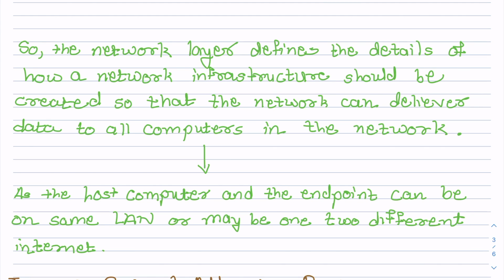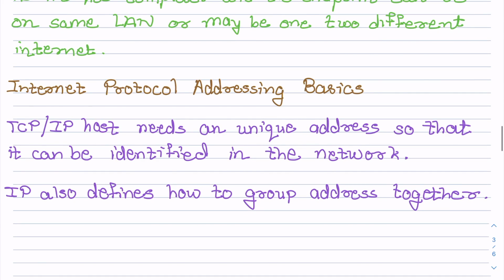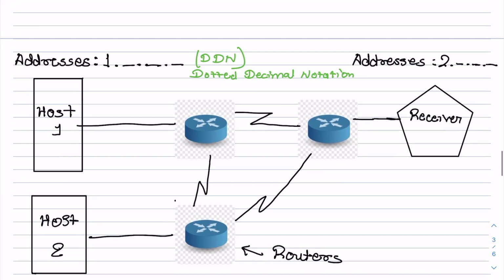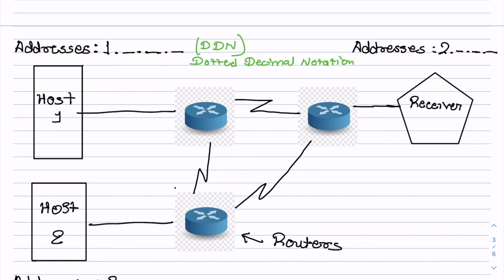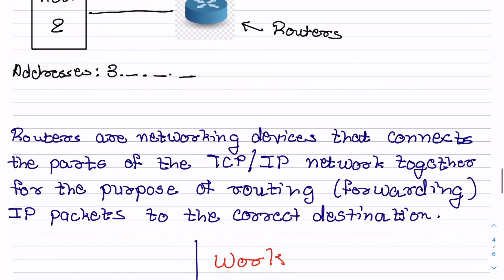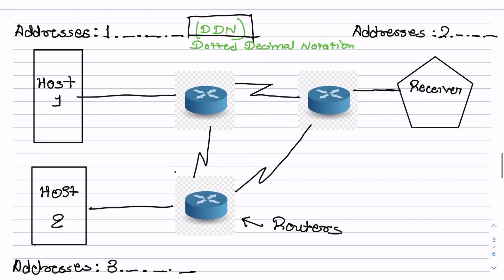But what happens in this whole thing? It's the same as the postal service, I can say. For the IP address, we use DDN, the dotted decimal notation. So, how does the router work as a post office? The router gets the data from the host over here.